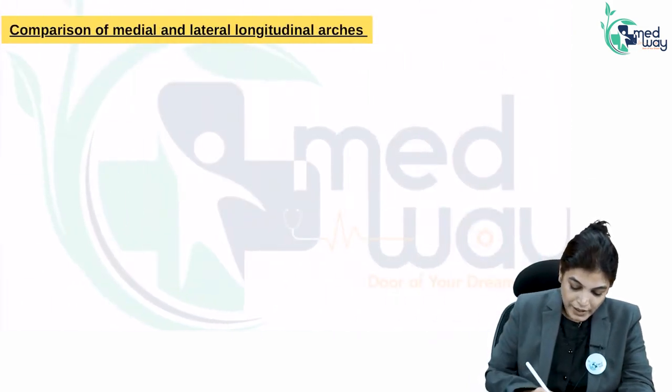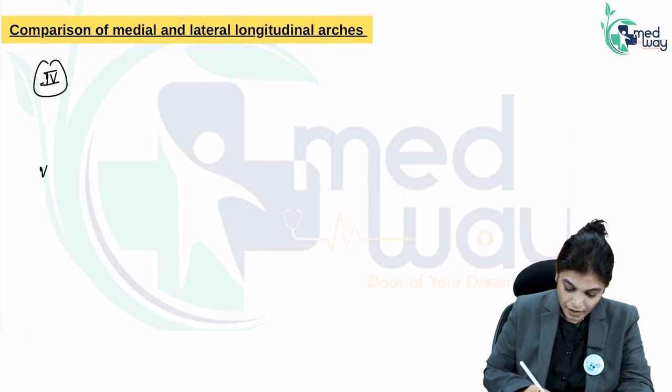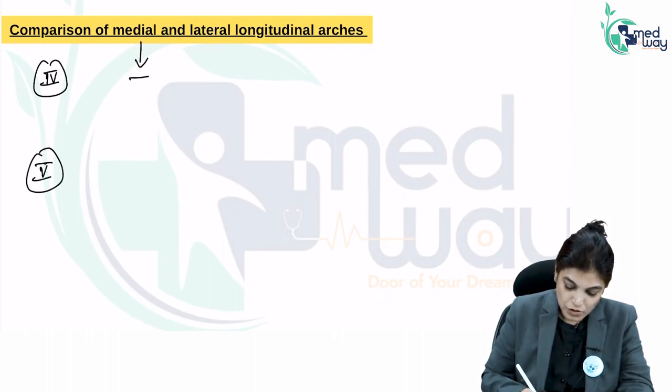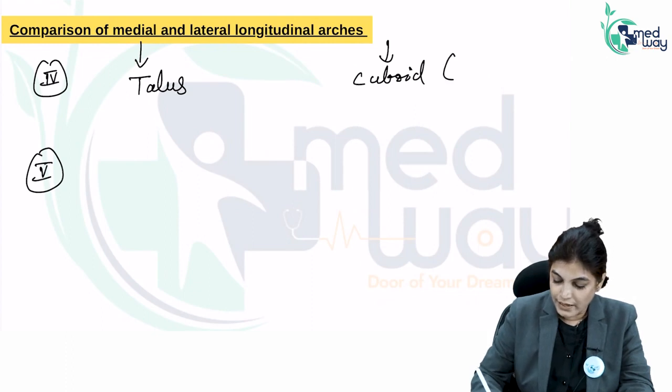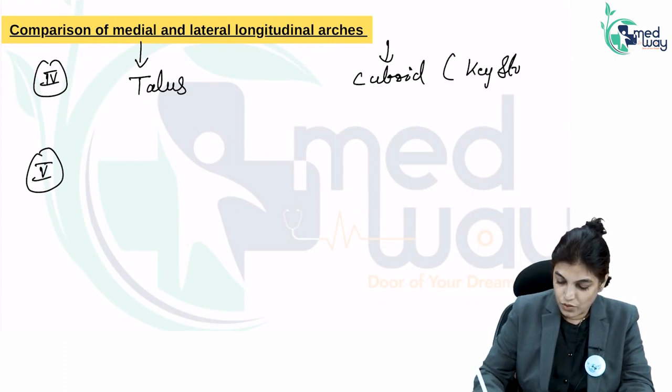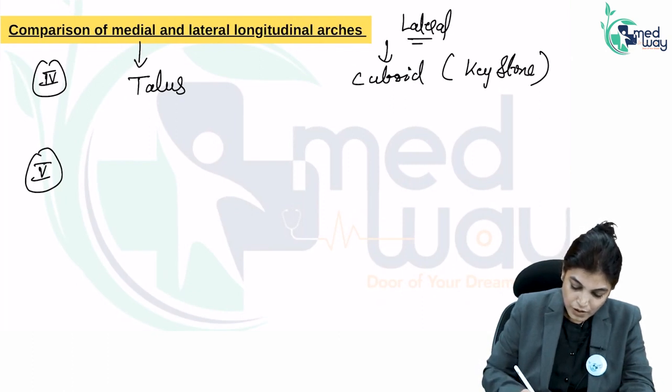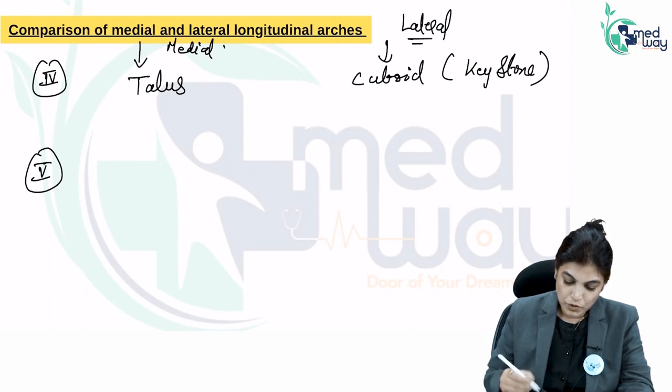The other important point is the most important bone. In the medial longitudinal arch, the most important bone is the talus, and here the most important bone will be the cuboid. You can also write the keystone of the lateral and the keystone for the medial.